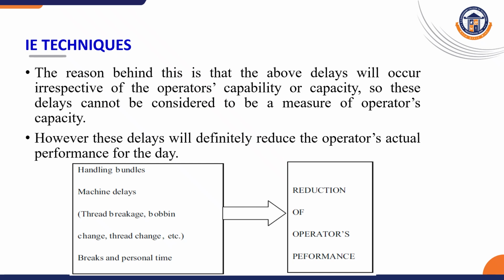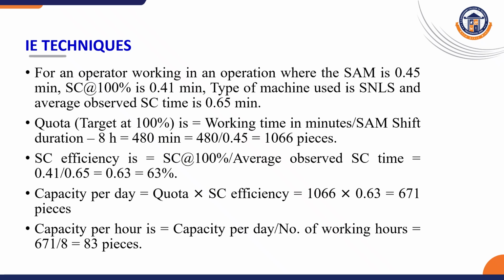And sometimes because he's tired, he takes a break. Even for drinking water, there's a drinking water area you can go to. Those things happen regularly. But all this causes a reduction of the operator's performance. So when you are checking the individual performance, his performance reduces. That is, more time it takes for him to produce.